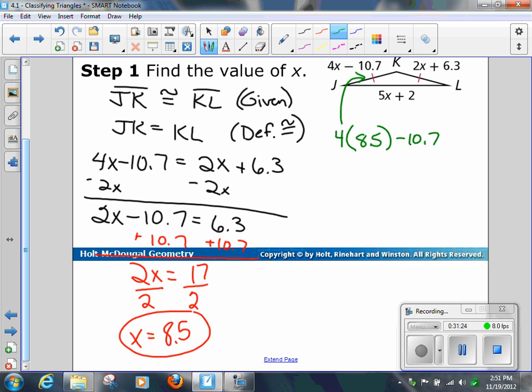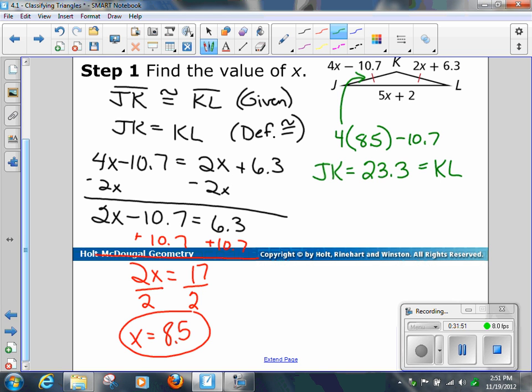One more time. 23.3. So 4 times 8.5 would be 32, 33, 34 minus 10.7. That is 23.3. Okay? So that means JK is 23.3. What other side is 23.3? KL.